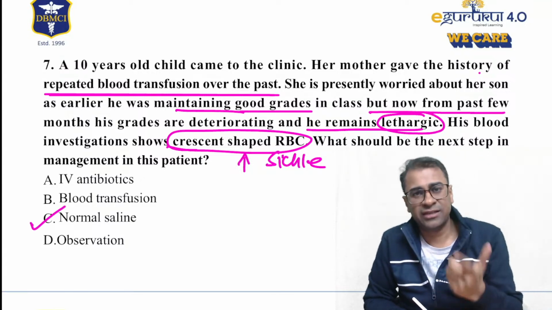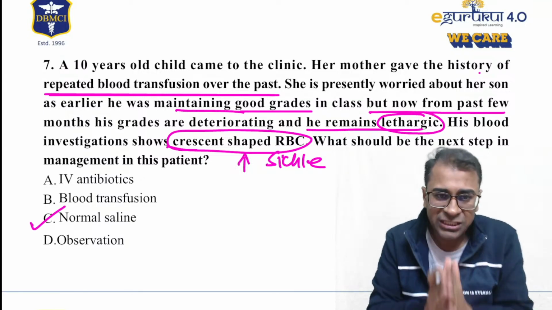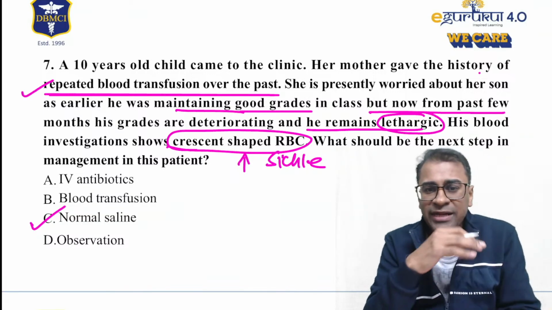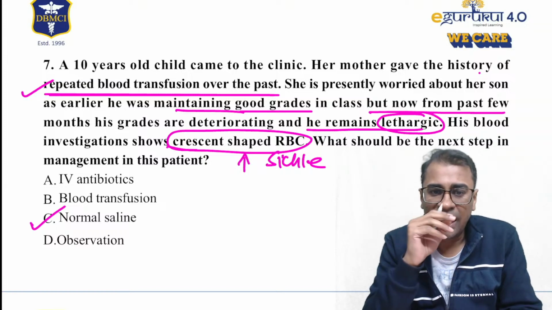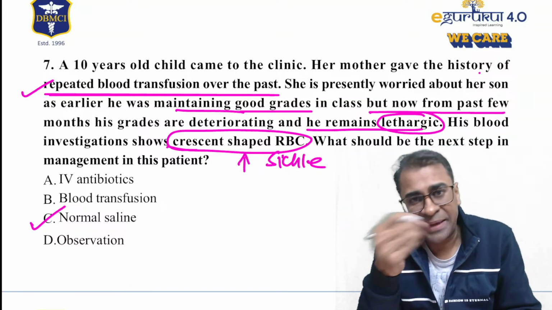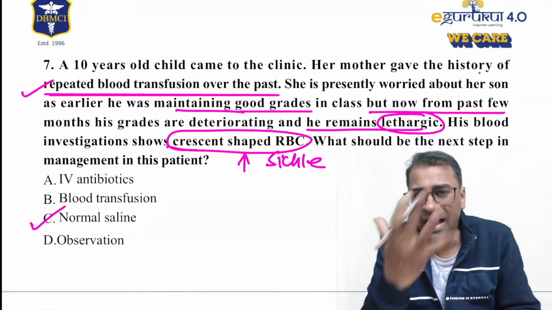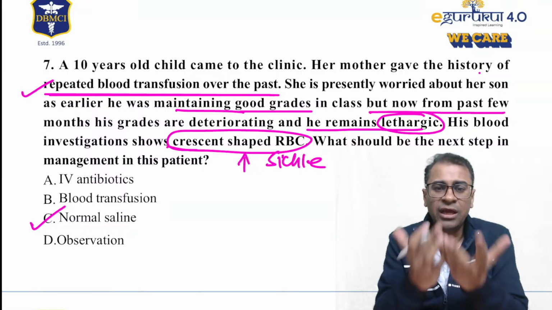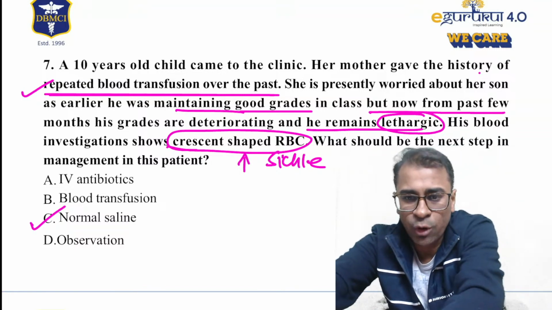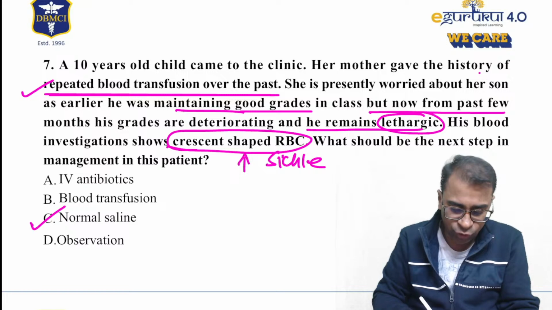Why normal saline? Let's understand this. The patient is already getting repeated blood transfusions, right? And she surely has a lethargic condition right now, and she is not able to maintain good grades, might be because she has pain in the legs and hands and cannot work properly. Remember, when the question is next step in the management of sickle cell anemia, the answer should always be normal saline.